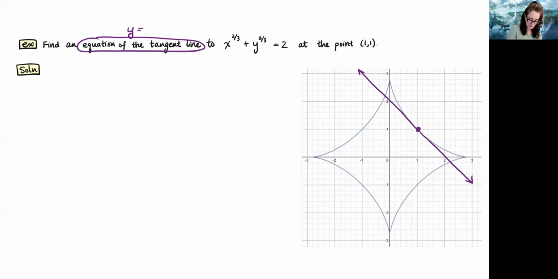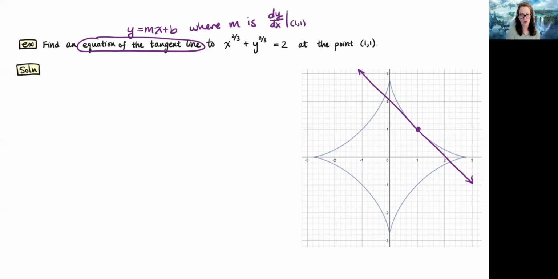So in the end, our answer is going to look like a linear equation, y equals mx plus b, where the m is, again, given to us as usual by the derivative. So it'll be dy dx evaluated at the point 1, 1.